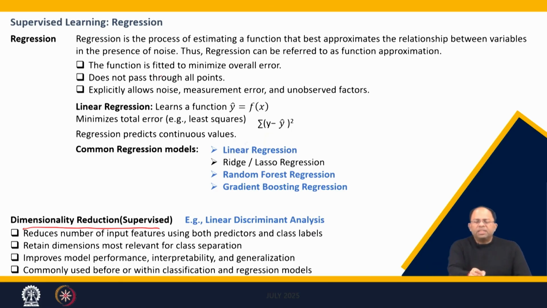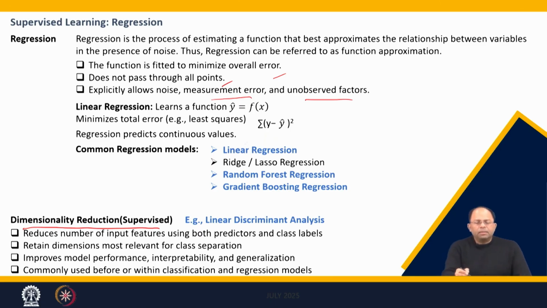So the function is fitted in such a way that it minimizes the overall error, that is, the difference between the actual values and the predicted values. It cannot pass through all the points, it may pass through a few points, and it explicitly allows noise, measurement error and unobserved factors, which actually play a role in determining the outcome.